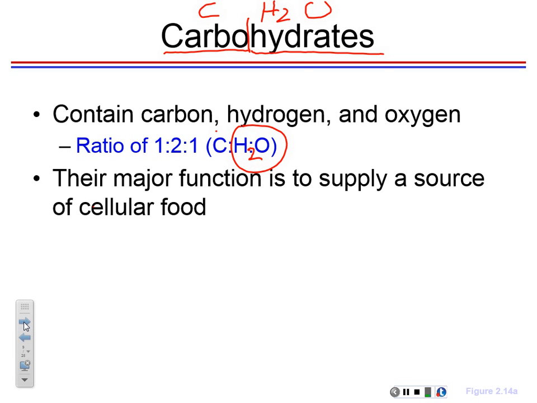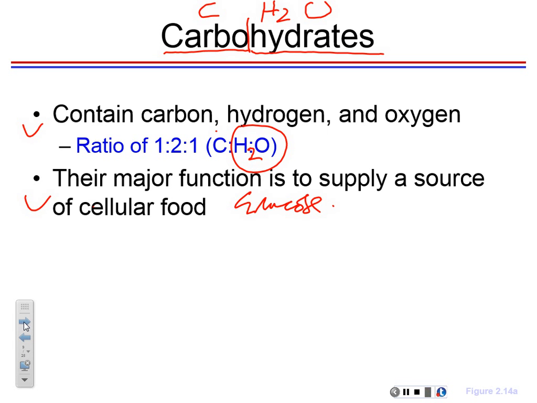So you need glucose. That's why people who are diabetic, if they don't manage their glucose properly, can go into a coma, because the brain will only use glucose. It doesn't use anything else.